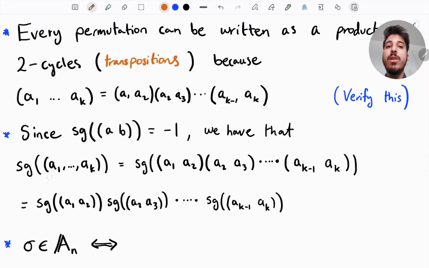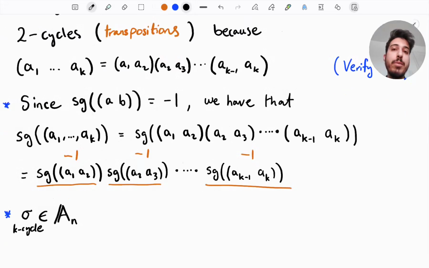So the sign of a cycle like this can be equal to the sign of the product of its transpositions. And because sign is a homomorphism, we can split them up like this. And each of these signs is equal to -1. So in fact, it is dependent entirely upon the number of transpositions that the cycle is made up of.